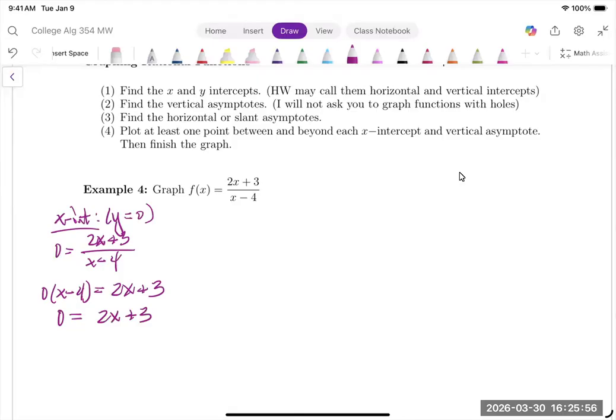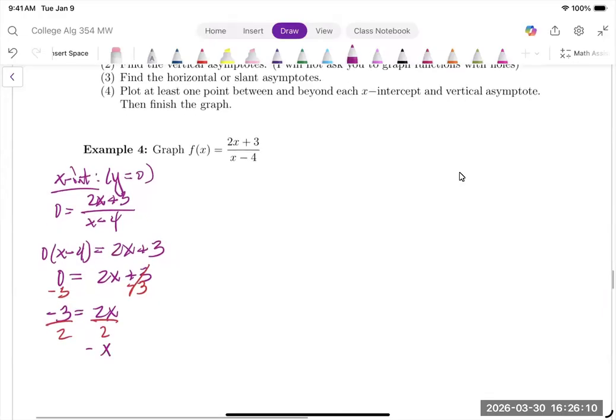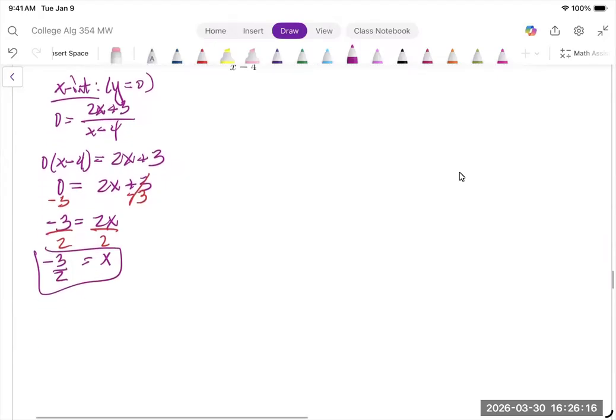And then we solve. Subtract 3 from both sides. Negative 3 equals 2x. Divide by 2 on both sides, because we're trying to get the x by itself. So we have an x-intercept of negative 3 halves.